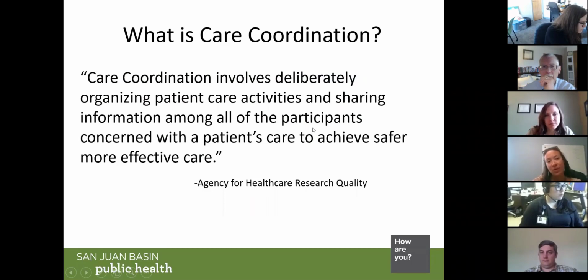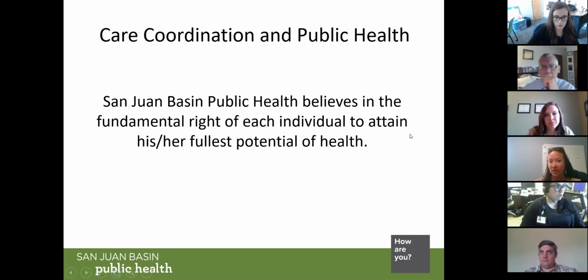We always like to start with the definition of care coordination, like how do all these different programs fall under one umbrella? So this is what we're all trying to do. That's our underlying goal of all of the programs that we serve. And our organization's mission and core public health values, as far as how does this fit into local public health? Our agency believes in the fundamental right of each individual to obtain their highest level of health.